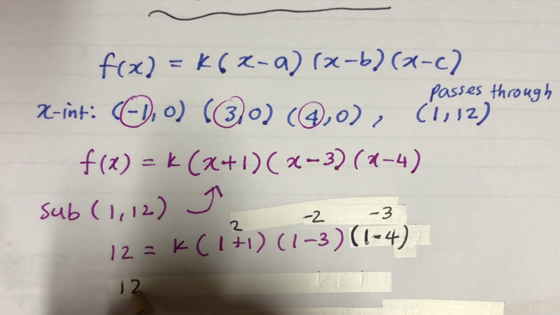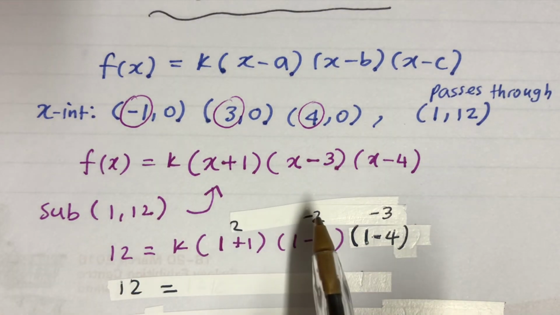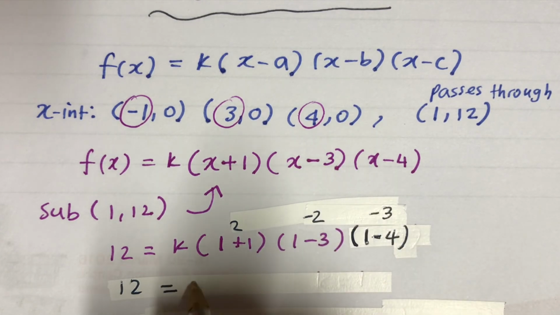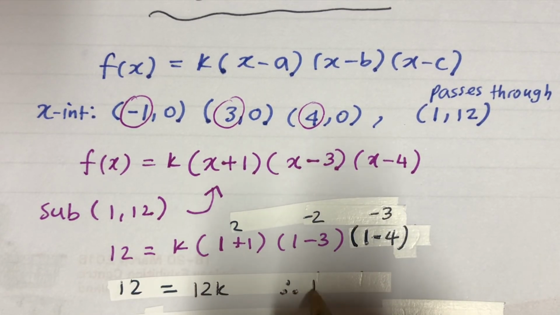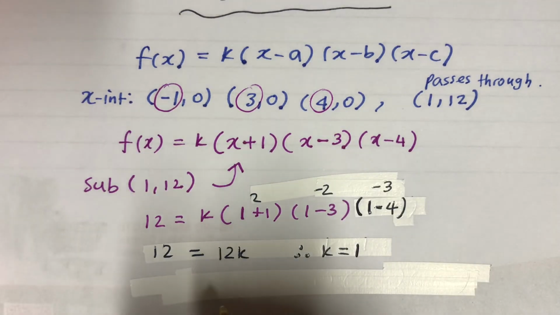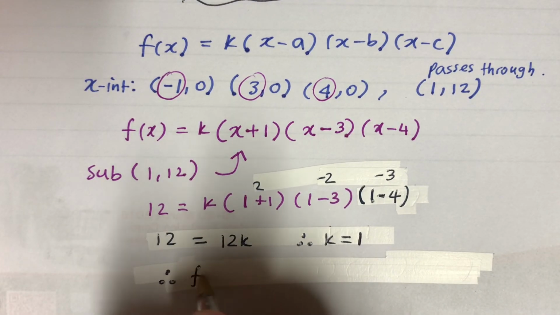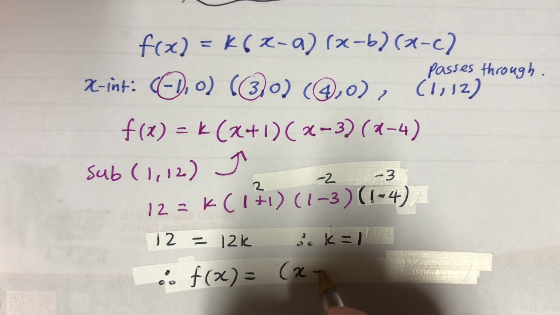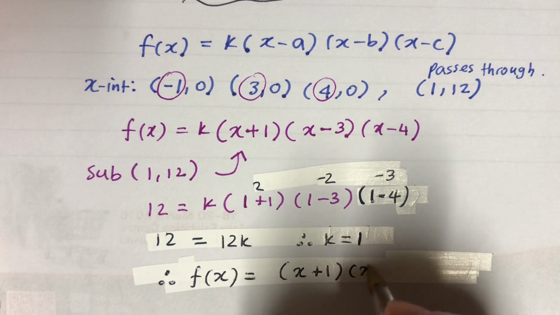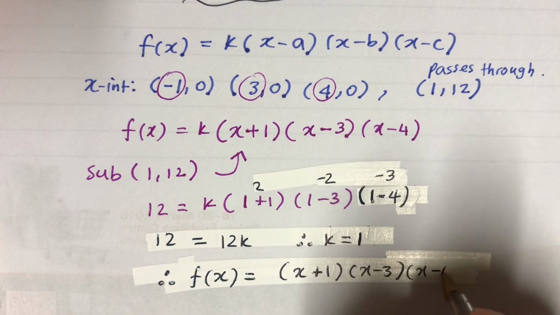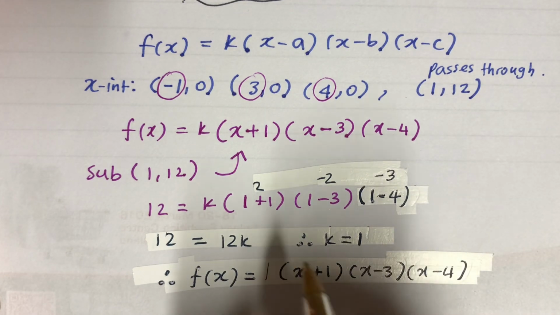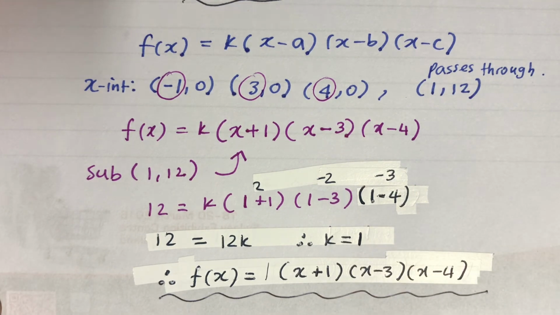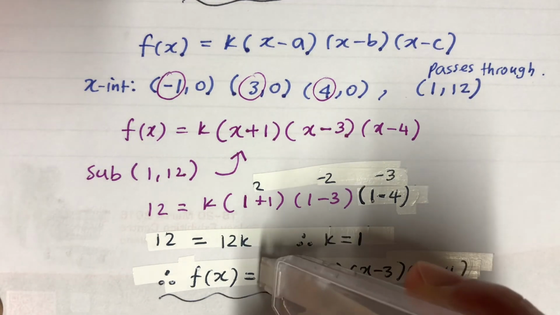So 12 equals, 2 times minus 2 is minus 4, minus 4 times minus 3 is 12k, and therefore k equals 1. So my final function will be x plus 1, x minus 3, x minus 4. Because k was 1, we don't have to write it. And that's my final cubic function.